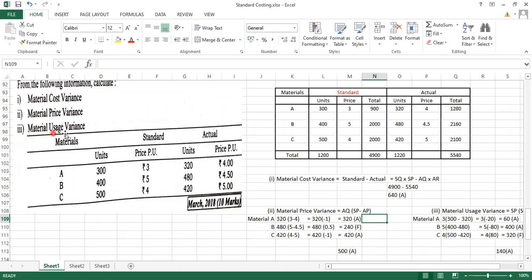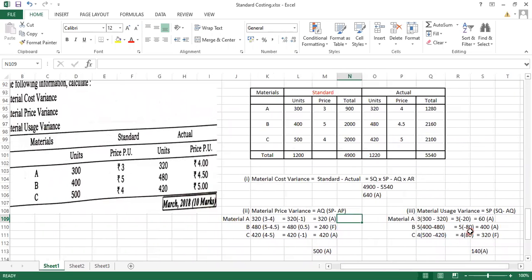Now the third part which they are asking us to find is material usage variance. How you will be getting the material usage variance? We have a formula. Standard price in bracket standard quantity minus actual quantity.